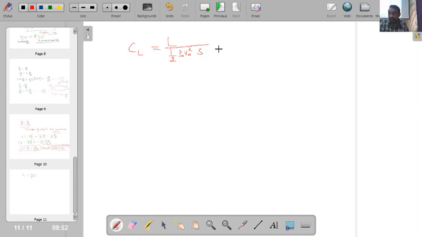Now if I calculate the value of lift, what is lift? From our very initial lectures, when I specifically talked about the lift and drag aerodynamic forces on an aerofoil, if you remember, lift and drag forces for inviscid flow situations mainly originate from the pressure distribution.